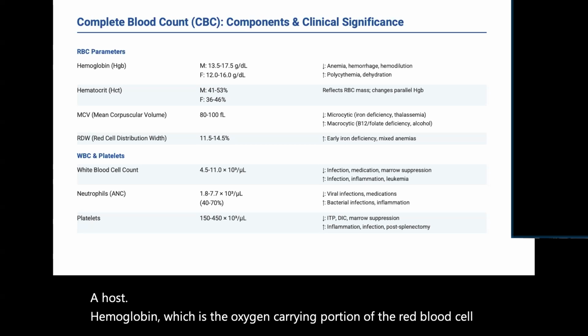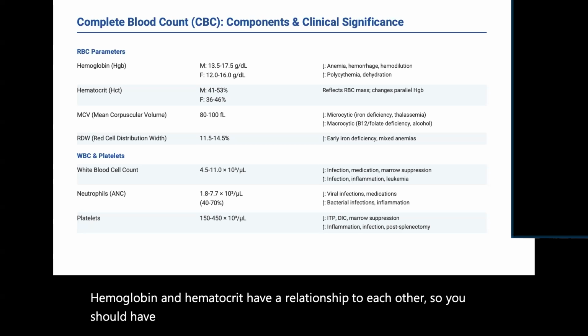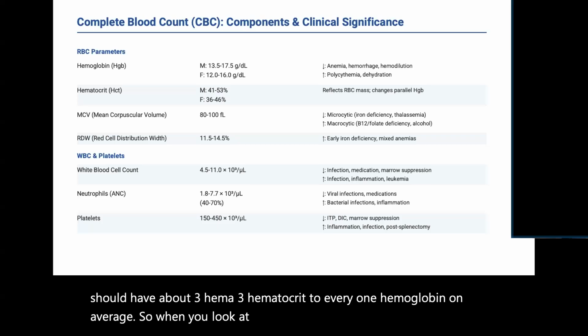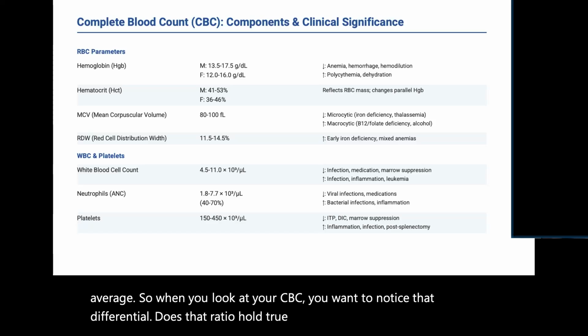Hemoglobin and hematocrit have a relationship to each other. So you should have about three hematocrits to every one hemoglobin on average. When you look at your CBC, you want to notice: does that ratio hold true?